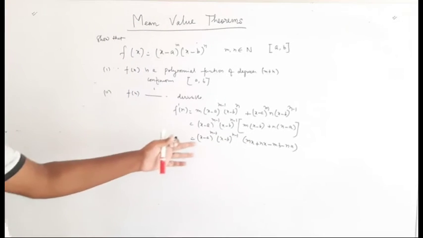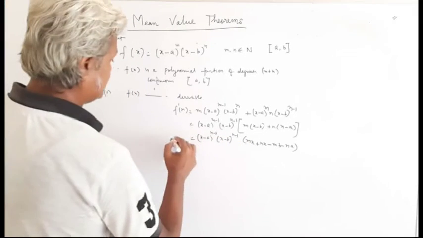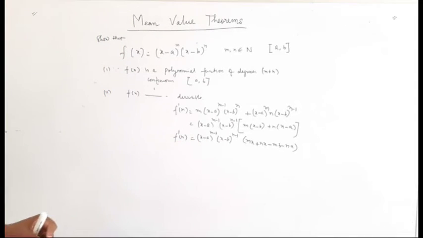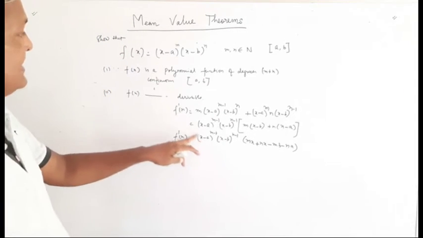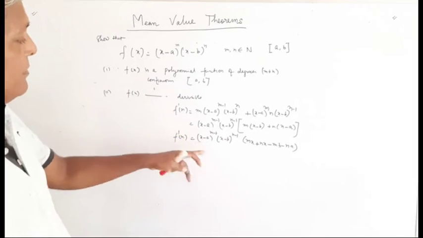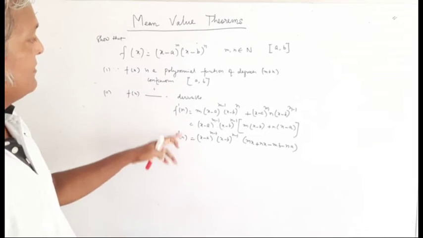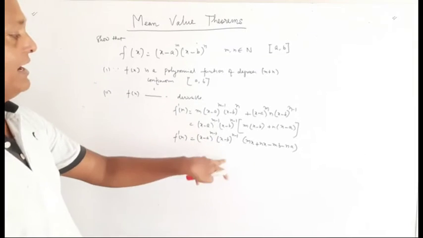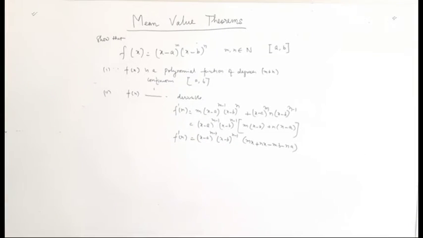They haven't asked you to prove that, but I am showing that yes, you can see its differentiation exists. We don't need to find the differentiation at a because this should be the open interval. So you can take any number between a and b and you will find this is a possible value.